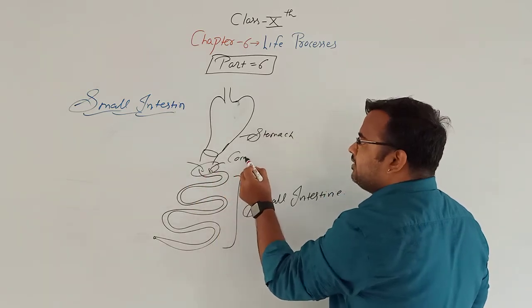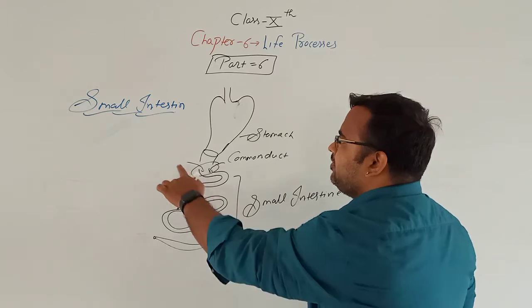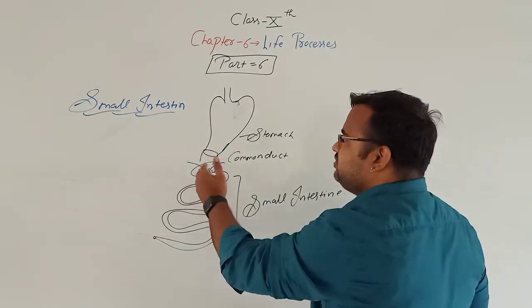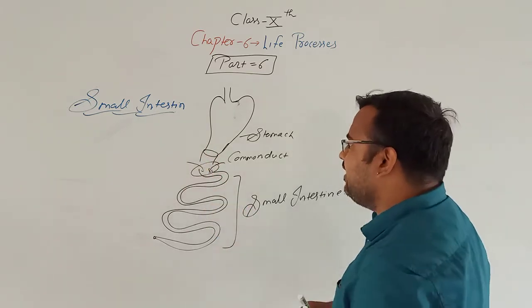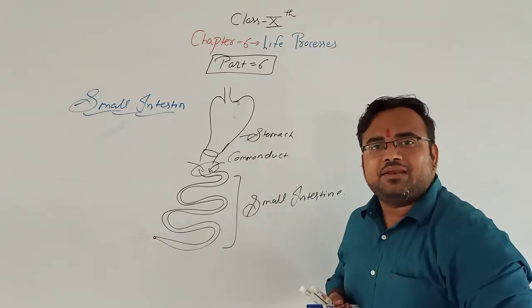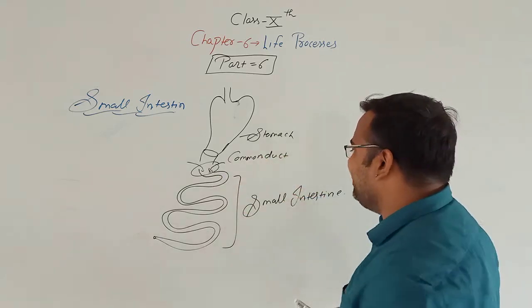Now, after the stomach, this part is known as the common duct. Why is it known as the common duct? Because from here and here the secretions enter. From the left-hand side the bile juice enters, and from here the enzymes pancreatic amylase, trypsin, and lipase enter into the small intestine.